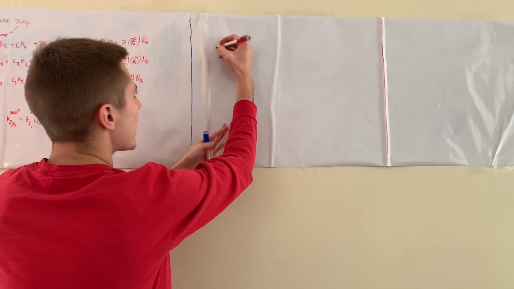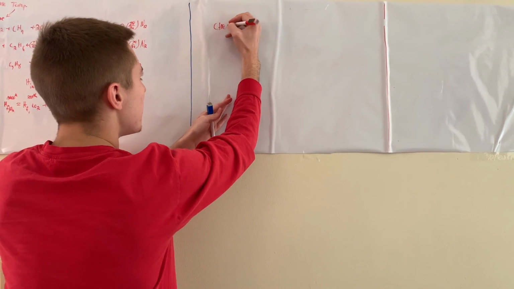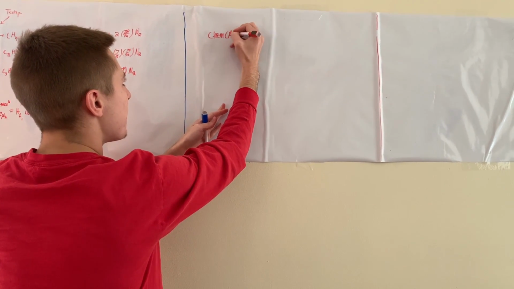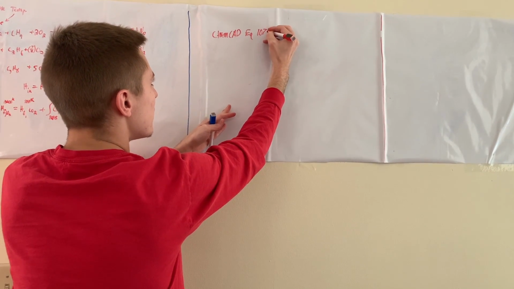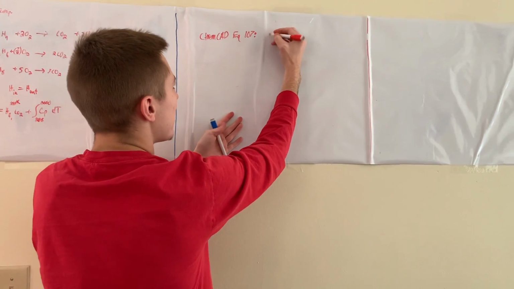So our ChemCAD equation 107 can be written out as this.